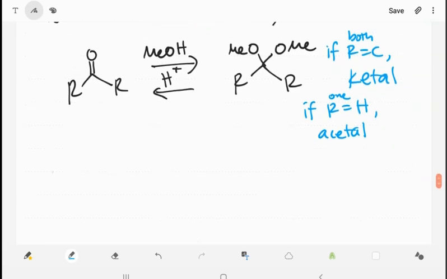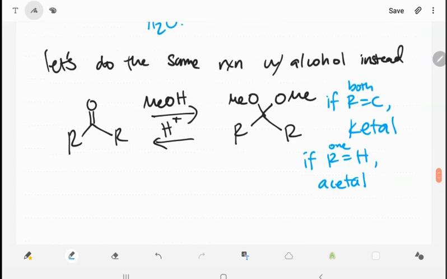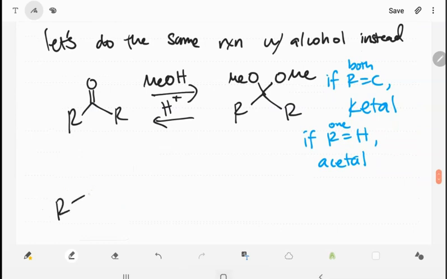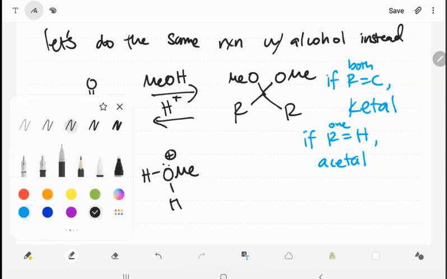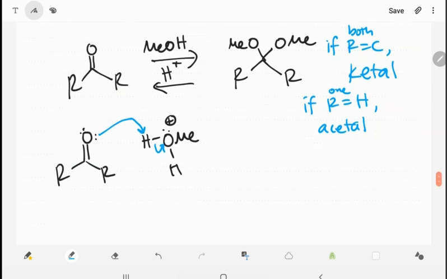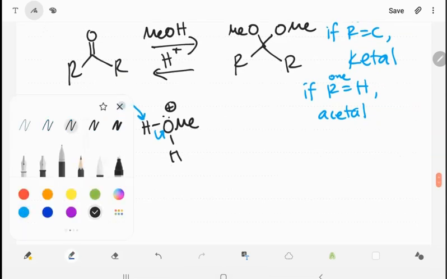So, first step in any acid catalyzed process, let's say we've got a protonated methanol from our acid. We're going to go ahead and protonate our ketone, or aldehyde, either one.